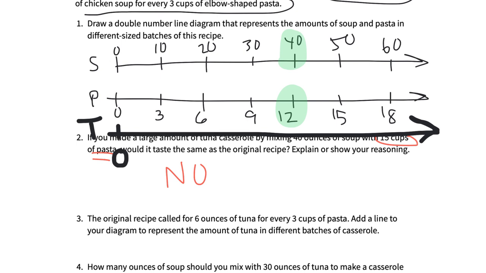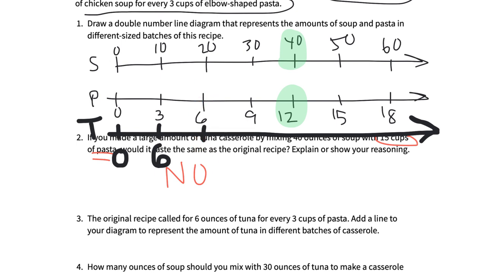And it says they want 6 ounces of tuna for every 3 cups of pasta. So here is my 3 cups of pasta. That 3 cups of pasta requires 6 ounces of tuna, which means now that I have 6 cups of pasta, how many ounces of tuna?